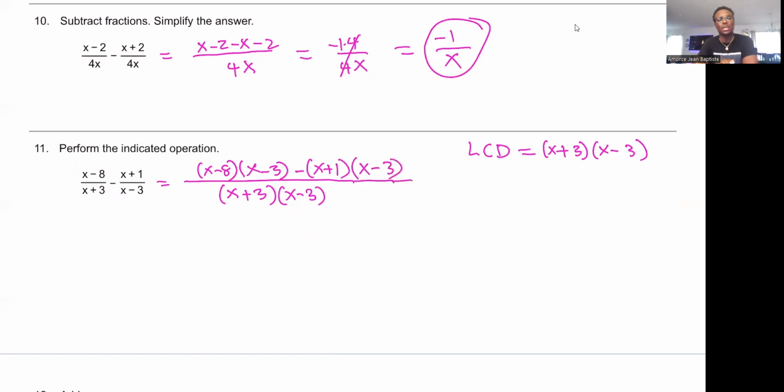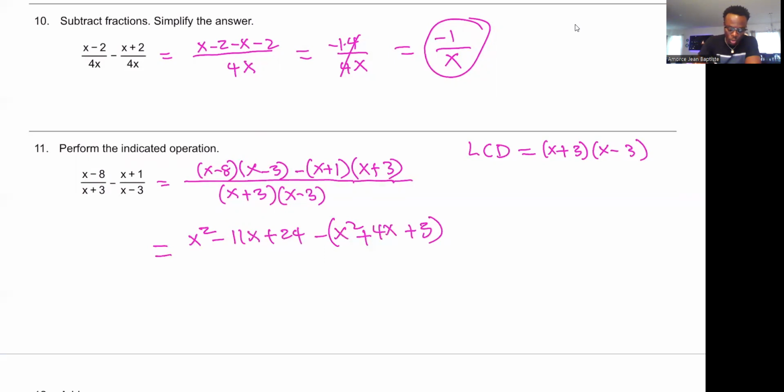Now that we have this, we should distribute and simplify. So that is x squared minus 11x plus 24, minus x squared. Because the sign will change, let me put it in parentheses for everyone to see. The negative sign stays out, and then I'm performing the product of these two binomials. So that's x squared, plus 4x, and then plus 3.